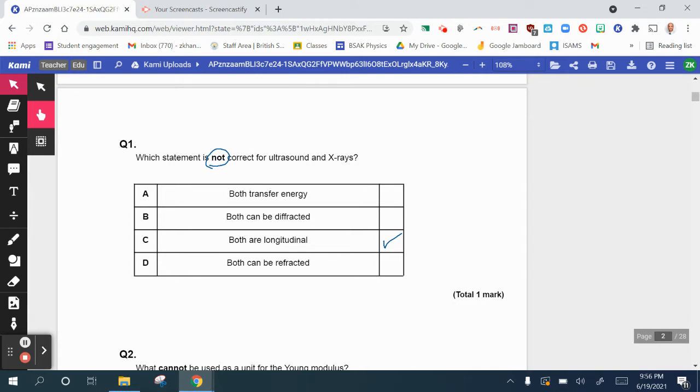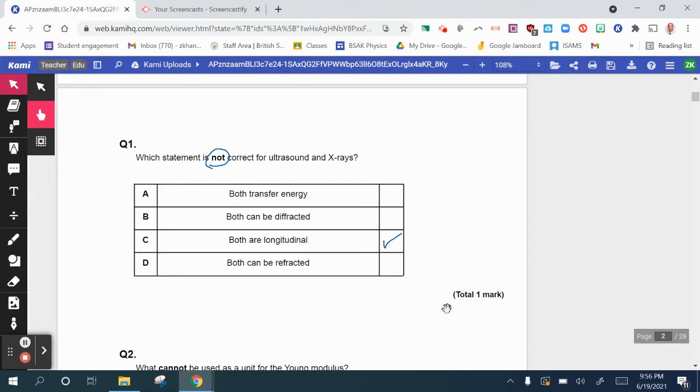Which statement is not correct for ultrasound and X-rays? Ultrasound waves are longitudinal, X-rays are transverse. Let's have a look at each option. Both transfer energy, that's correct. So we're looking for not correct. Both can be diffracted. So all waves can be diffracted.